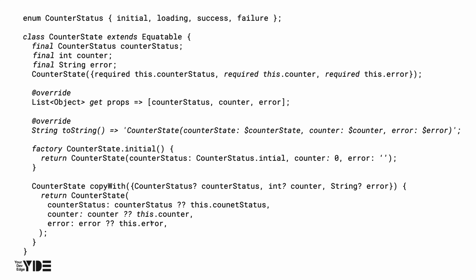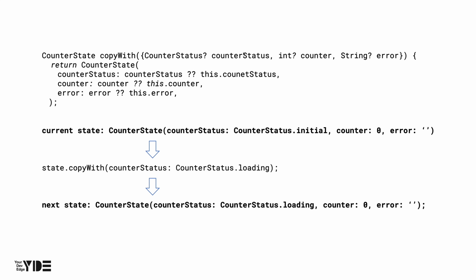You can use the state.copyWith function to keep the previous counter value even if an error occurs. When using the copyWith function, a new state is generated every time, and for a value not given as an argument, a state with the previous value is created. For example, let's say you have a CounterState where counterStatus is CounterStatus.initial, counter is 0, and error is an empty string.